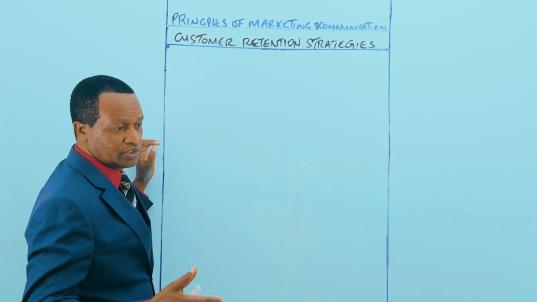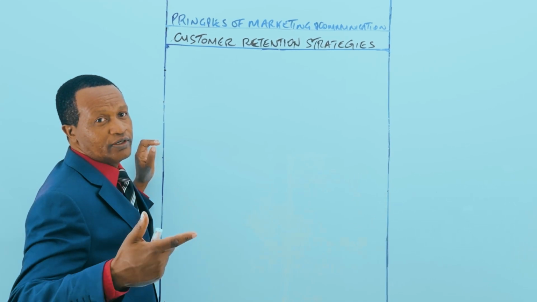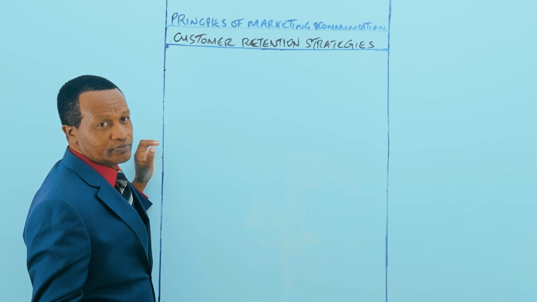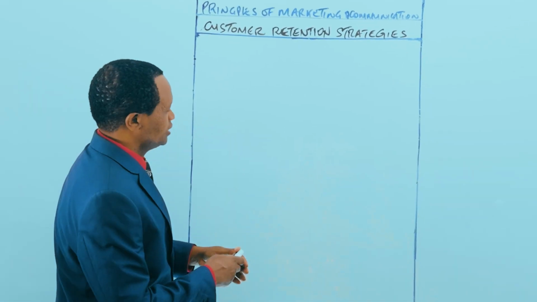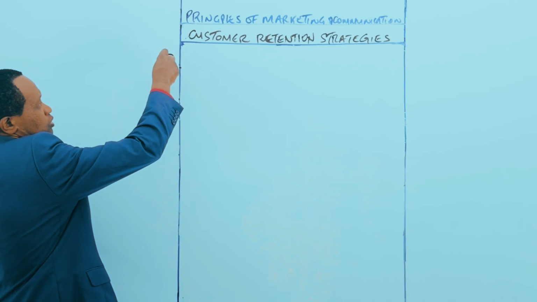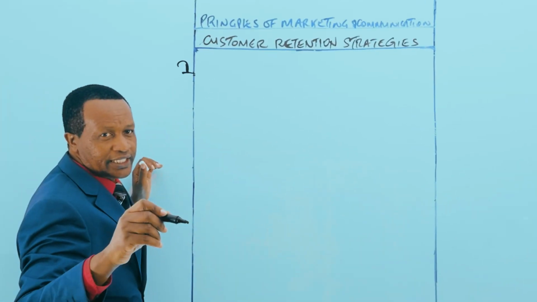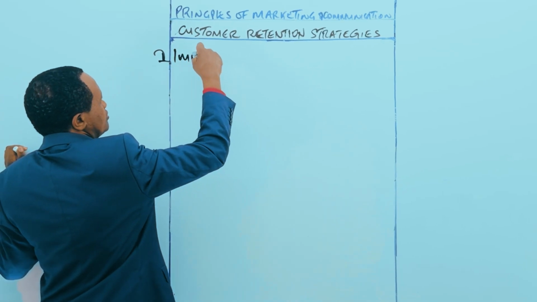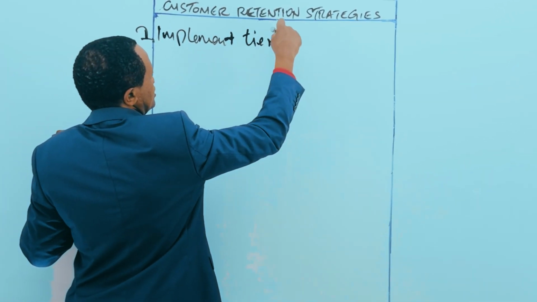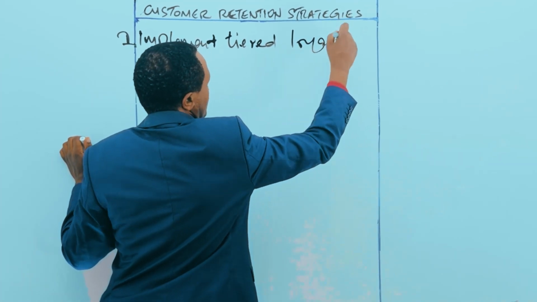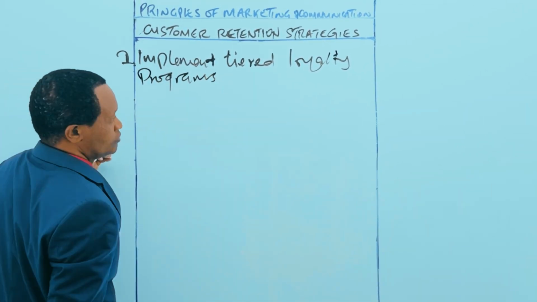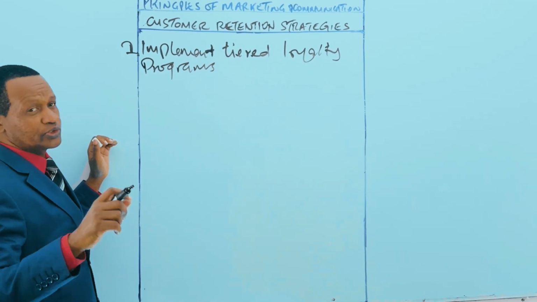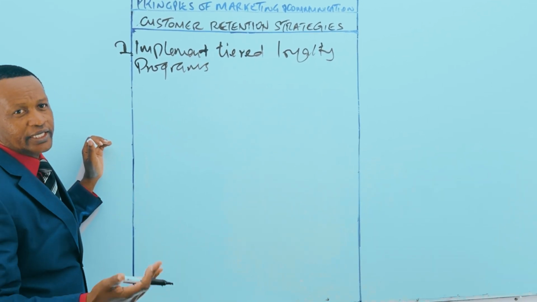In our previous session, we discussed the importance of retaining customers. One way is to implement what we call tiered loyalty programs. So here you don't just reward every purchase.